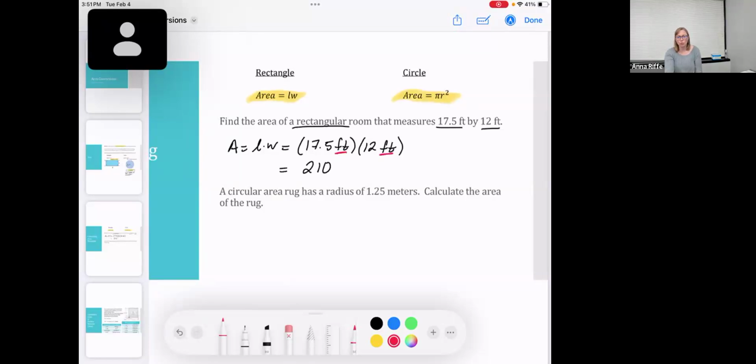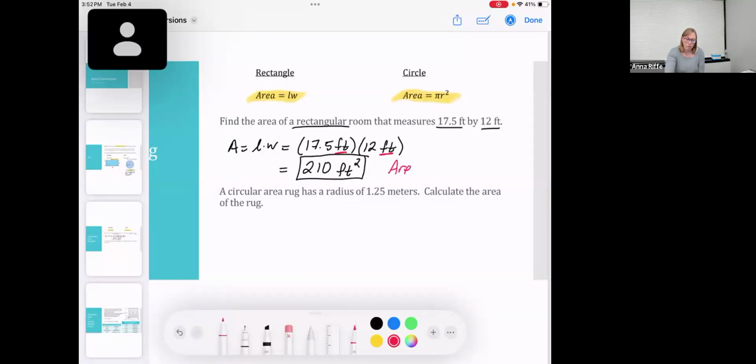Note that we have 2 feet units that we're multiplying together, so our unit for area is square feet, which we can denote by feet with an exponent of 2. That's feet times feet. So just make note that the units are not the same. We started out with a unit of feet for each dimension, and we end up with a different unit, that of area.